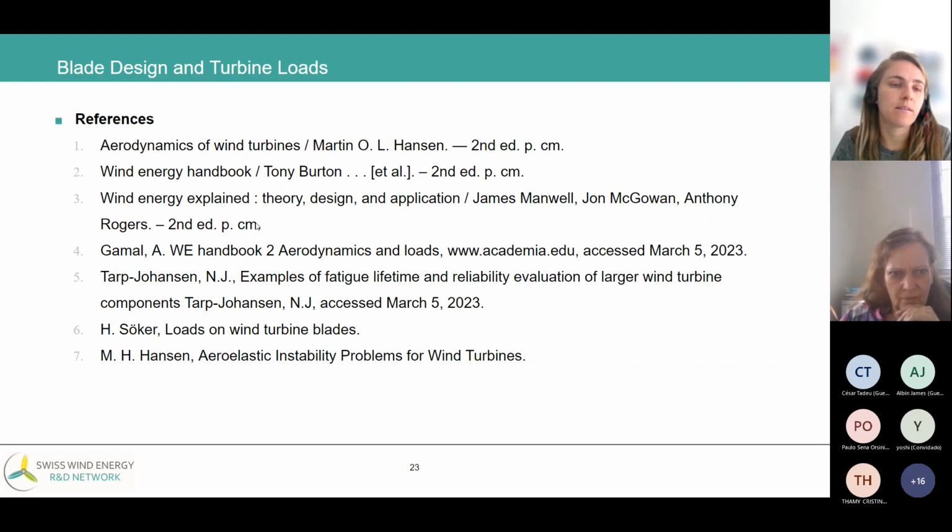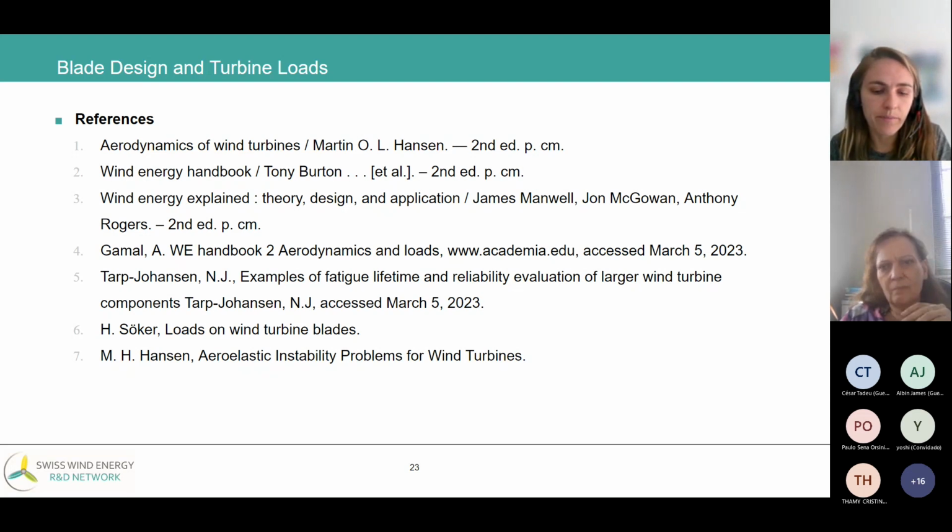They are very classical books, and especially for the blade design part, I used this wind energy book because we have different ways of doing the design and making the maps for the calculation, but I just followed one to be consistent.